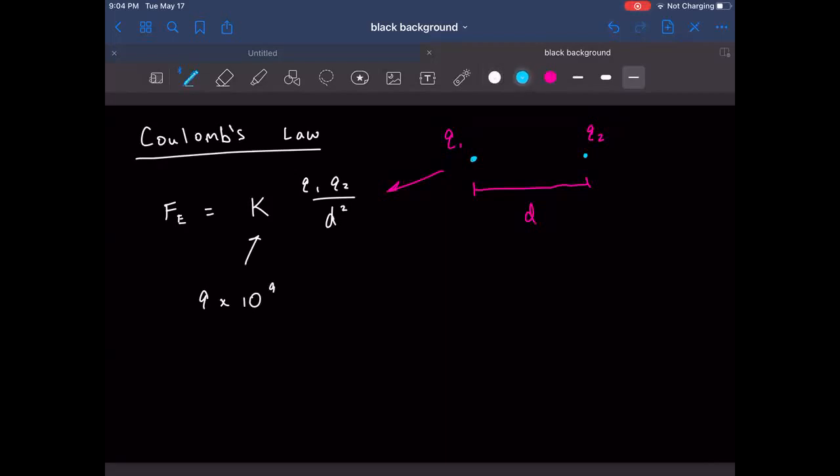So if Q1 is 3, this is micro, so 10 to the negative 6th coulombs. That's the SI. It's always got to be in SI. So if you put in 3 here, you get a wrong answer. It better be 3 times 10 to the negative 6th.